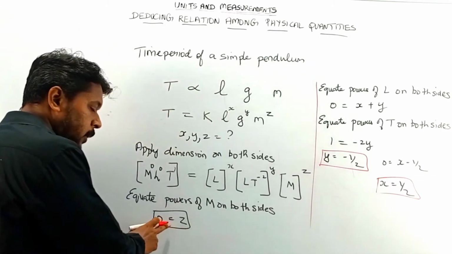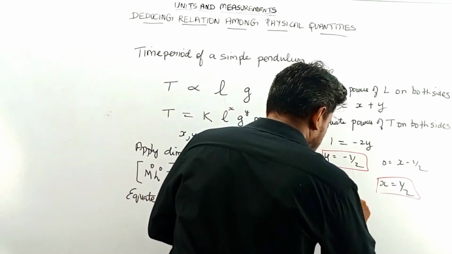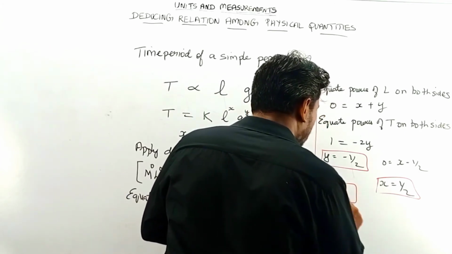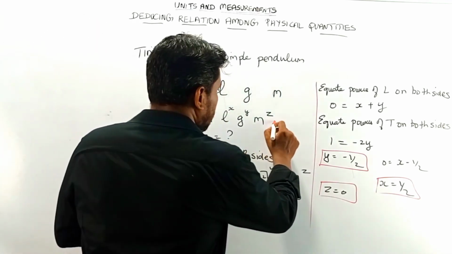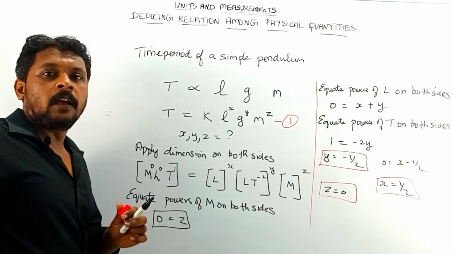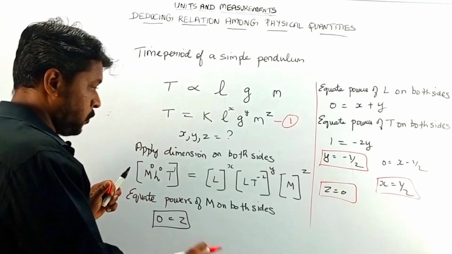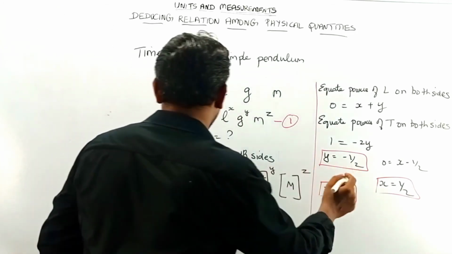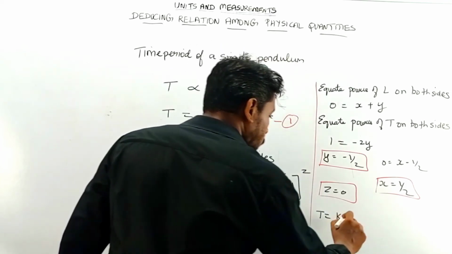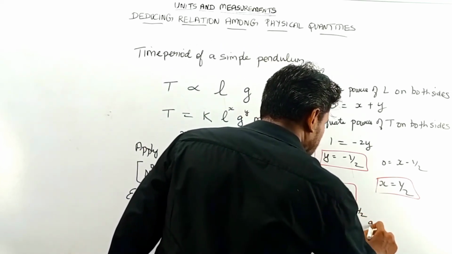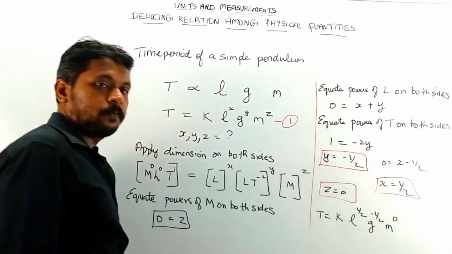Already I have got the value of z as 0. So I have found the values of x, y and z. Substitute the values of x, y and z in the first equation. So T will be equal to the constant k into L to the power 1 by 2, g to the power minus 1 by 2 and m to the power 0.